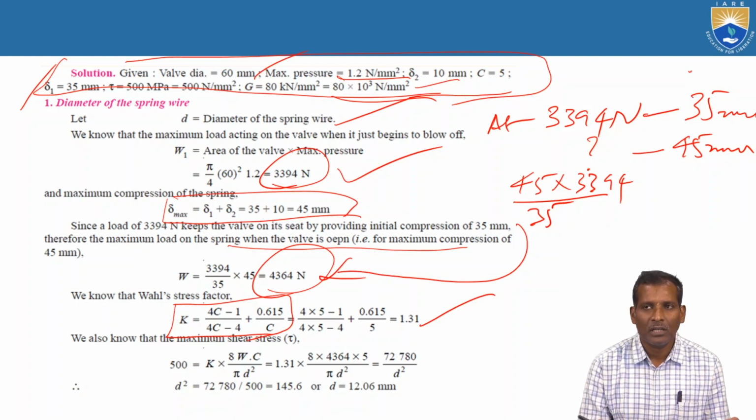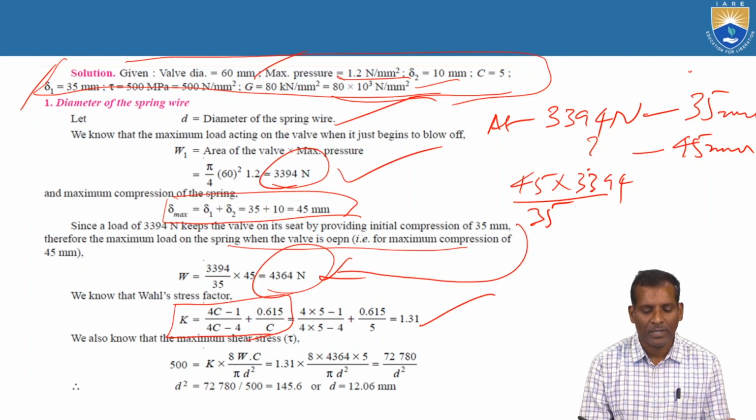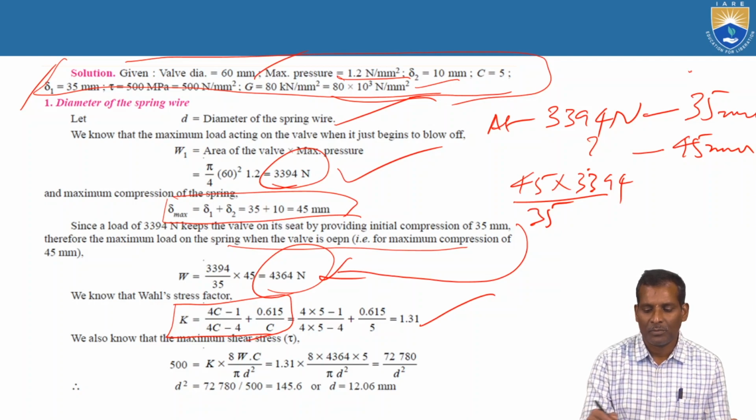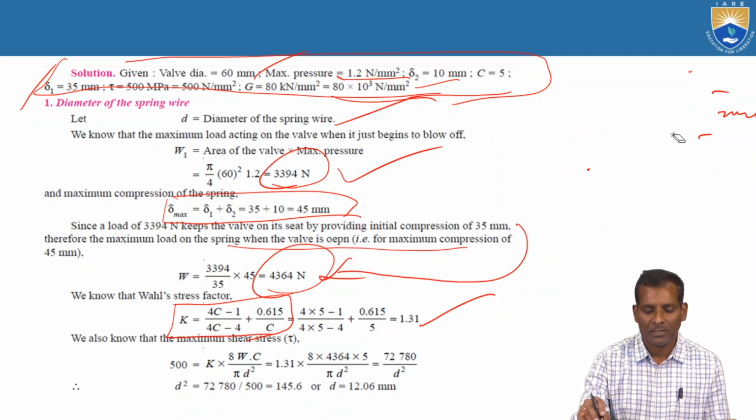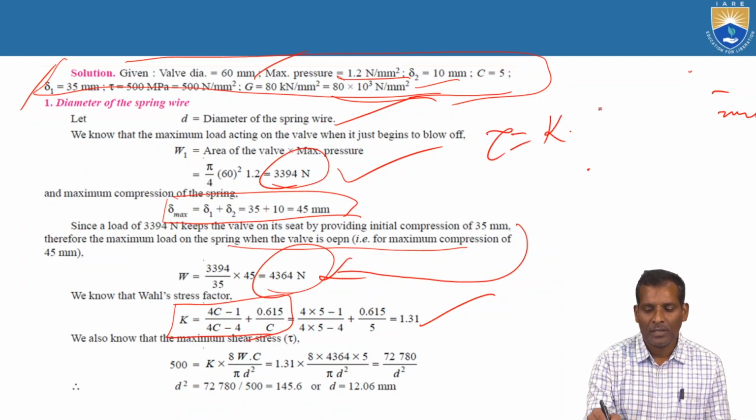Once you know the Wahl stress factor, you can calculate the maximum shear stress. Apply the maximum shear stress formula. The shear stress is equal to K into 8WC by pi d square.